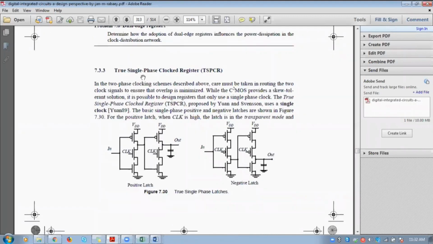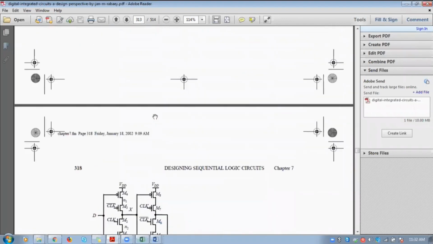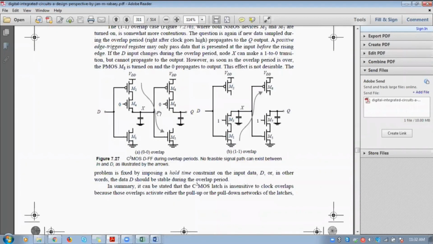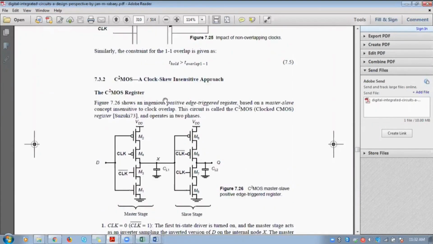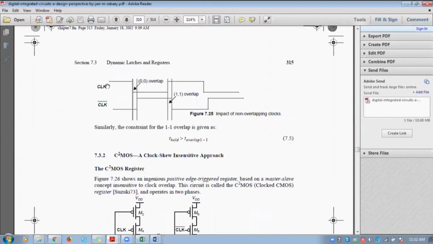And the true single phase clock register is an alternate design. Actually, the C squared MOS is implemented to overcome the 0 and 1 overlap in the case where you have two different phases of the clock.